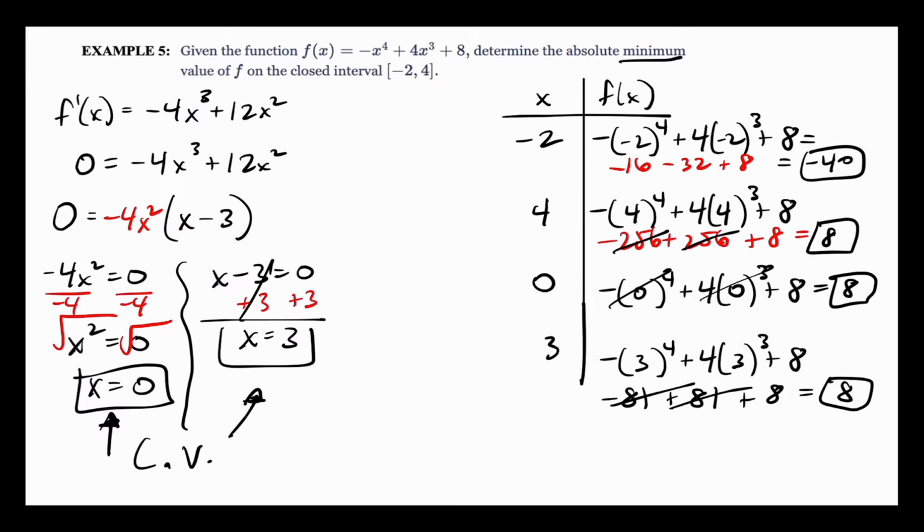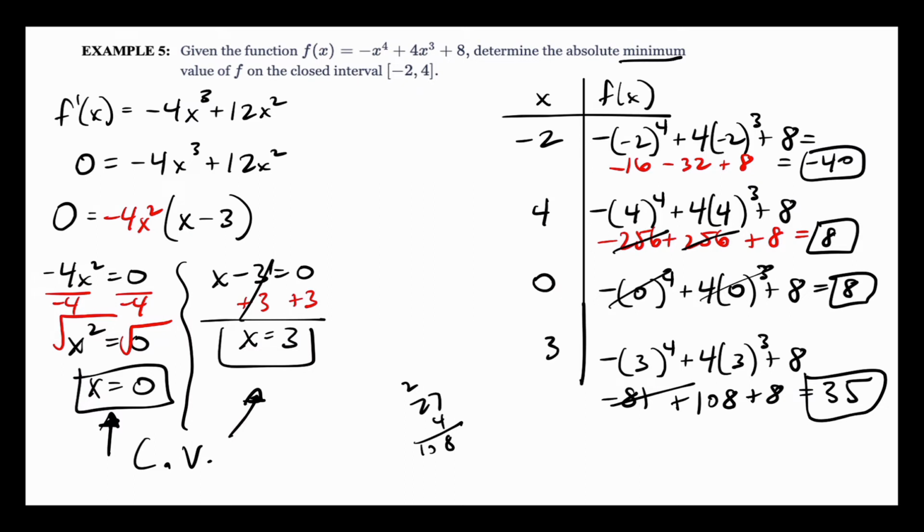Oh, 27 times 4. Sorry, 27 times 4. What is 27 times 4? A little lower than that. 108, yes. Okay, so 108 minus 81 is 27. And then 27 plus 8 is 35.